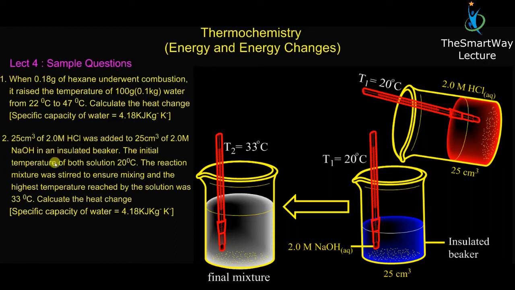The initial temperature of both solutions was this, that is, at the start they were all at this temperature. The reaction mixture was stirred to ensure mixing, and the highest temperature reached was 33. Now calculate the heat change.